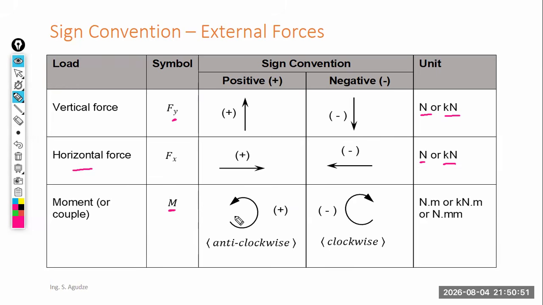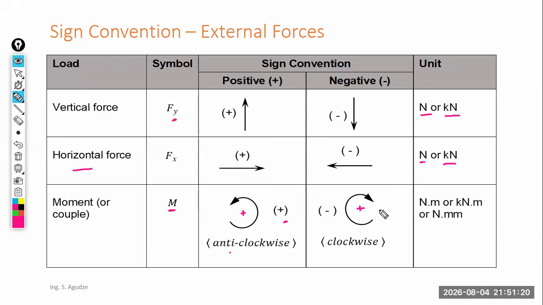And then anything counter or opposite to that movement is called anti-clockwise. Okay, so you see this one. Okay, so this is basically a clockwise moment. You see how the rotation is going like this. Okay, so if it is anti-clockwise, we'll consider that to be positive. And if it is clockwise moment, we'll consider that to be negative.